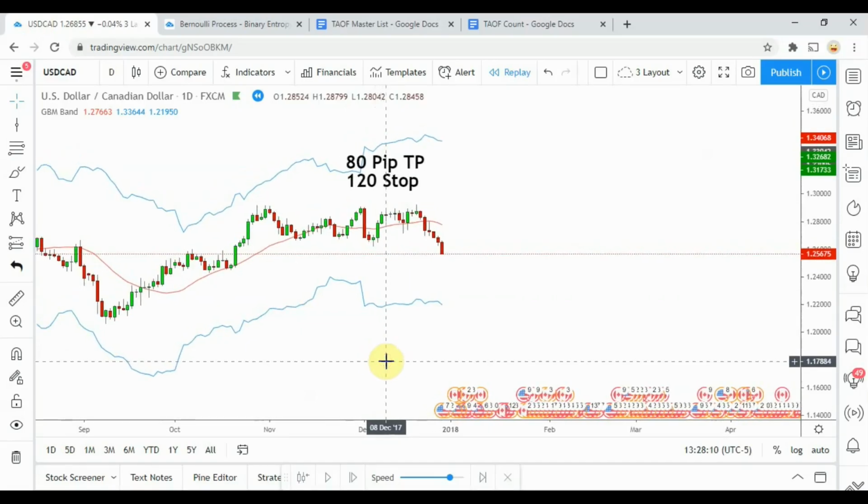Alright. As I said, the indicator today is the Brownian motion band indicator. And we did this one on the last video as well. And in that video, we tested the center line, which was then pointed out by one of the viewers that the center line is basically just a simple moving average.